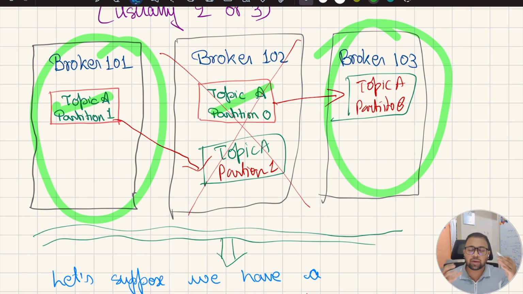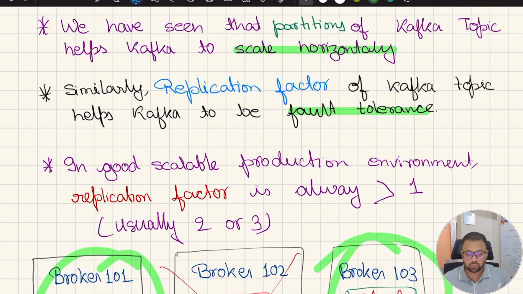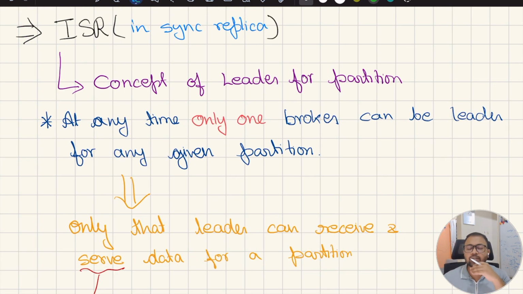So that is the benefit of replication factor. And in this way, it is fault tolerance. In case of failure of one of the brokers or any broker, as the partitions of Kafka topic are already replicated to another broker, Kafka will always be fault tolerant, like your data will not be lost.